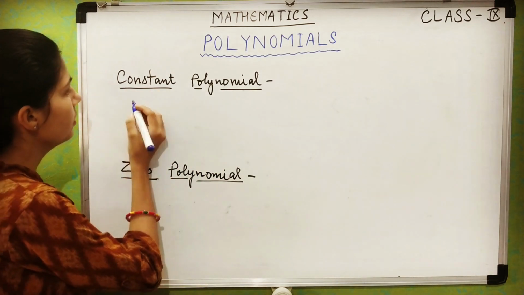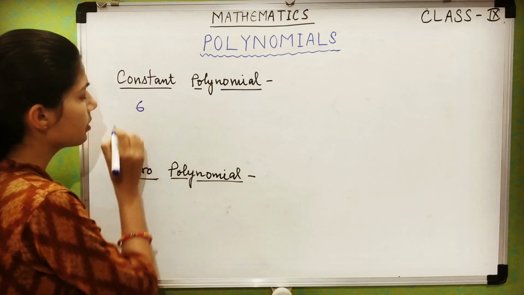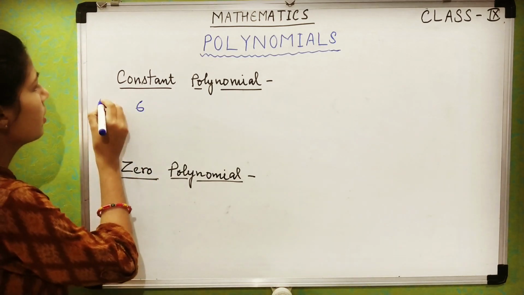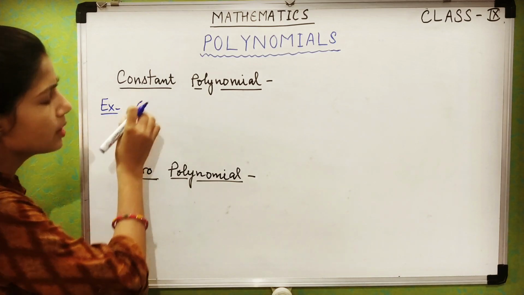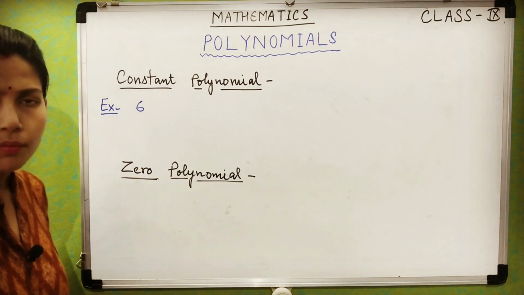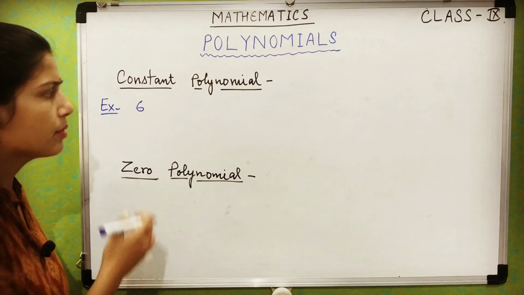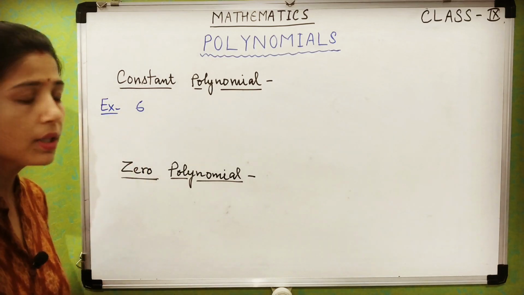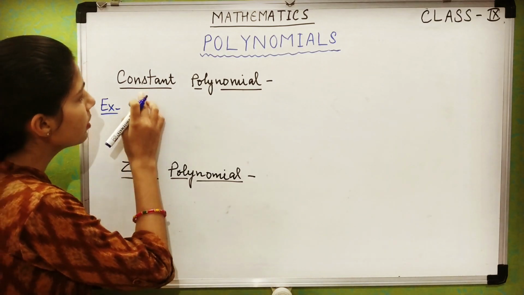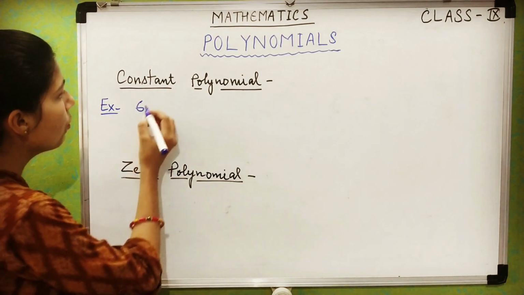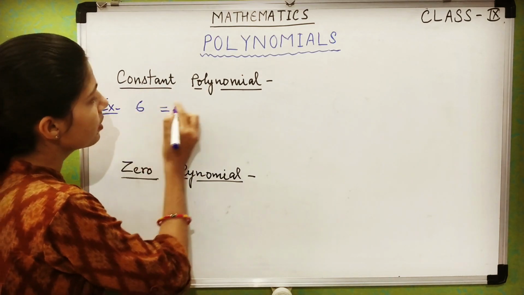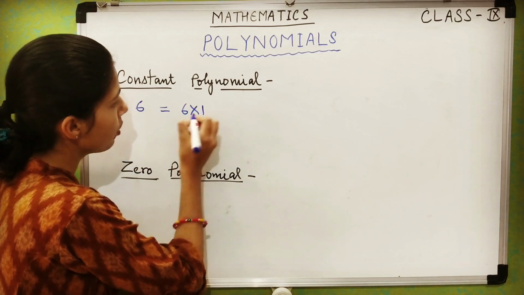Let's take an example like 6. 6 is a constant, because this 6 cannot vary with the situation, that is why it is a constant. Now we can make this 6 a polynomial also. How? 6 into 1 is always 6.